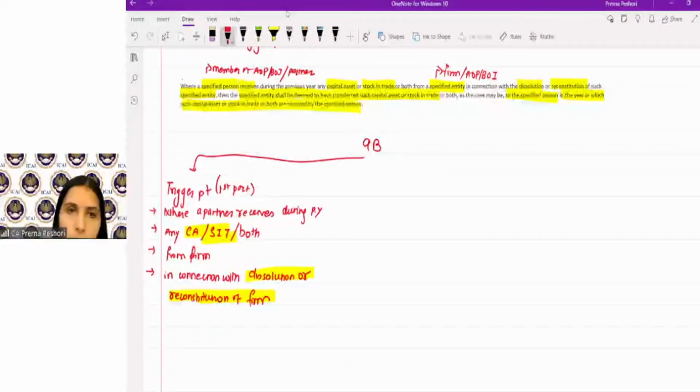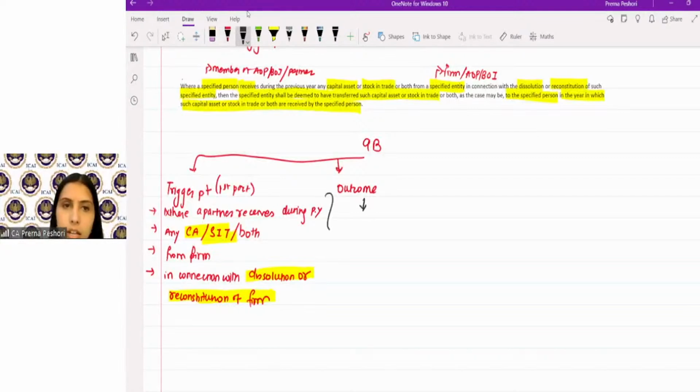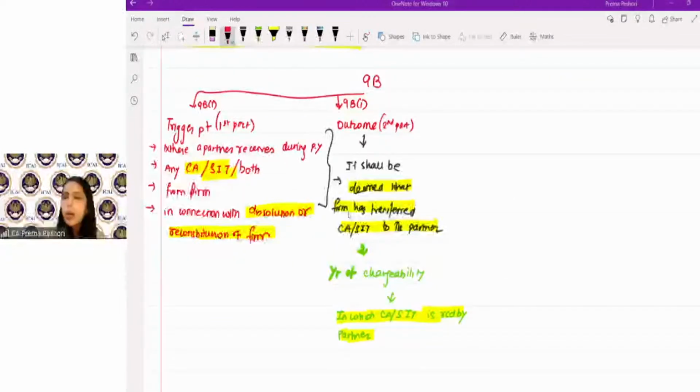Then what is the outcome? It shall be deemed that the firm has transferred. When does the head of income start? It's any previous year.